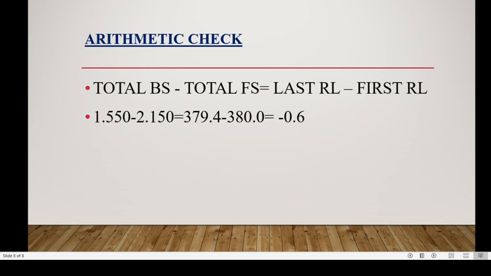The arithmetic check for the height of collimation method is total BS minus total FS equal to last RL minus first RL, which is minus 0.6. So this is the way of solving this type of problem if it is given in the exam. We just need to follow these steps to solve the problem.